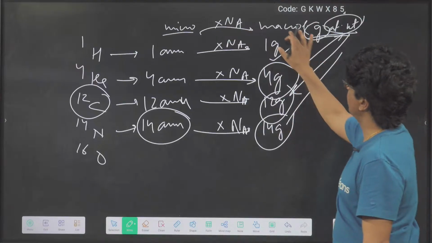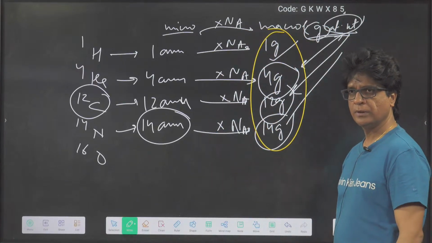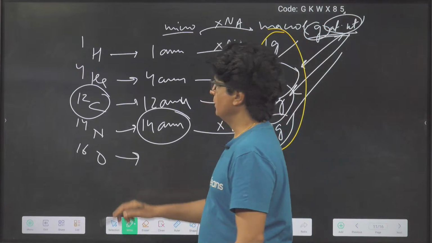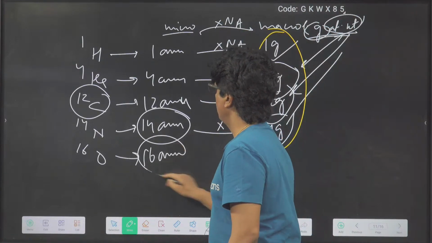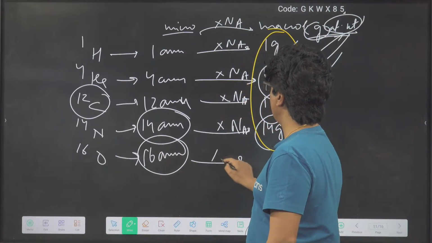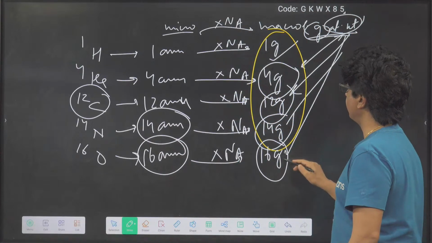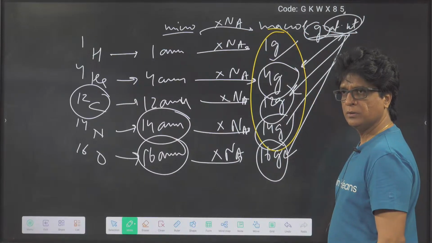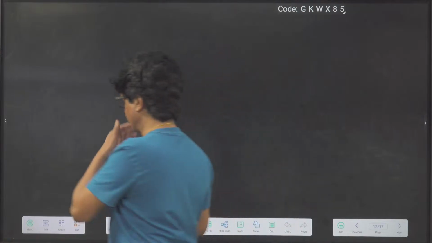So gram atomic weight is basically the weight of 1 mole of the collected atoms. Theek? Oxygen, come on. 16 AMU for 1 atom, and take 1 mole of them, you get 16 gram. 16 gram is the gram atomic weight of oxygen. Okay? Clear?